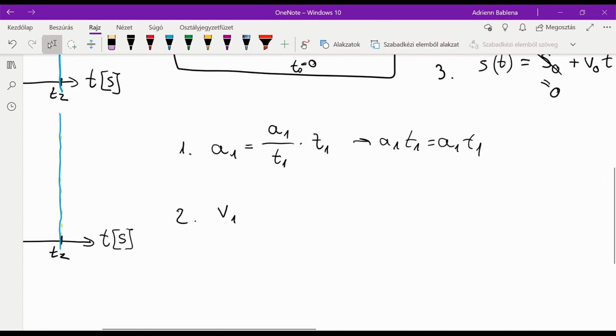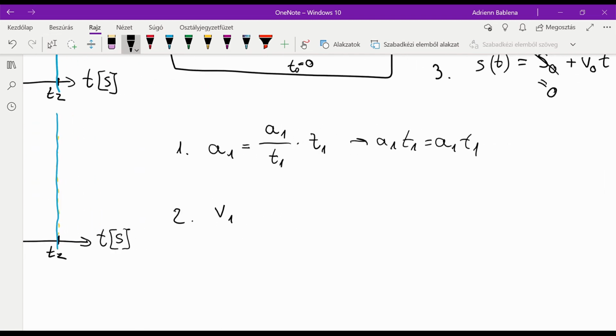So at t1 our velocity is v1, and it was v0 plus 1 over 2 times a1 over t1 times t1 minus t0, or just t1, instead of t.